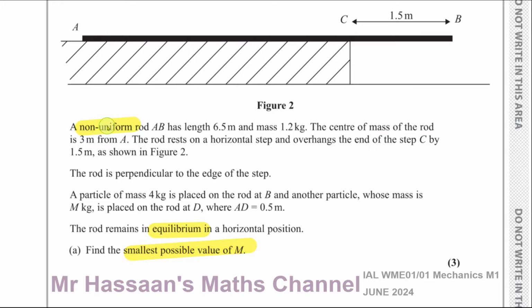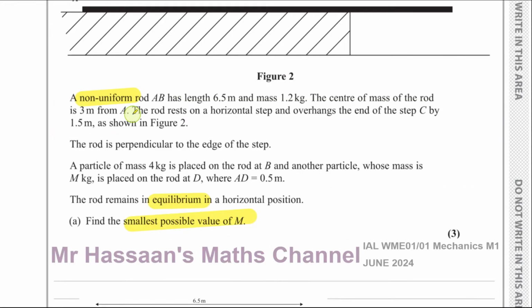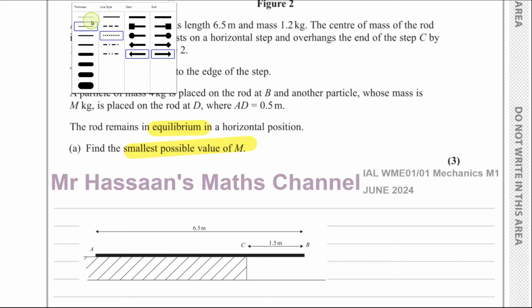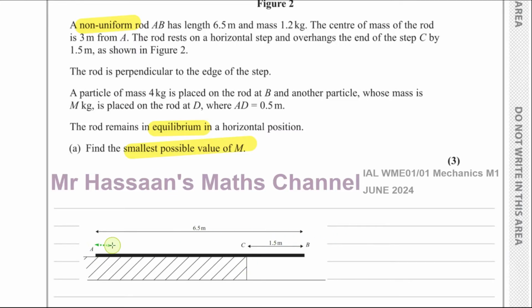I've got the diagram over here so that I don't have to keep scrolling up and down when I am doing my calculations. First, we're told that the center of mass is 3 meters from A. Let's get some of these lengths sorted out. This is 6.5 meters, so from here to here is going to be 5 meters, since 6.5 minus 1.5 is 5.